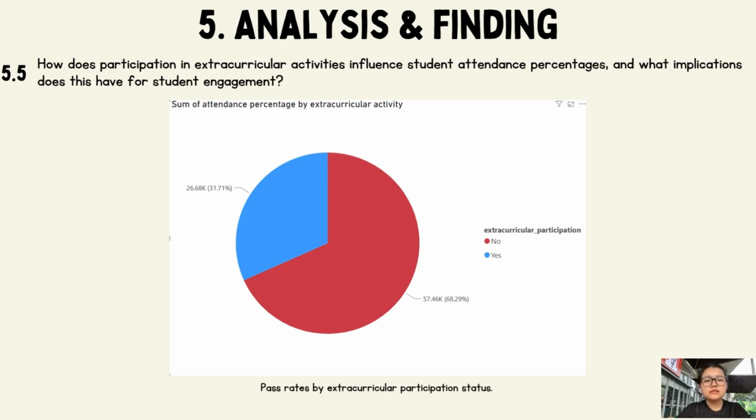This could suggest that extracurricular involvement might sometimes conflict with academic responsibilities or lead to scheduling conflicts, reducing class attendance. While activity outside of the class can be valuable, this result highlights the need for balance and time management to avoid negative impact on attendance.